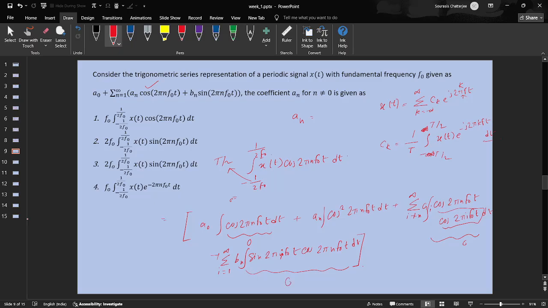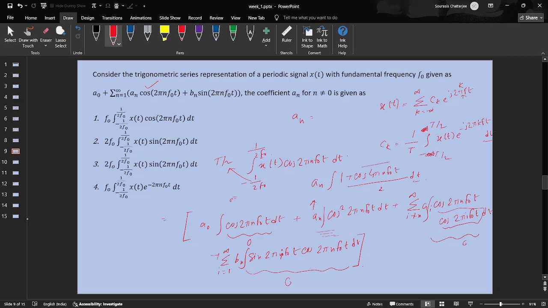So essentially you are only worried about this one here. You will have a cos square 2 pi n f naught t term, so that would essentially be, let me just do it here, an integration of 1 plus cos 4 pi n f naught t over 2, dt.